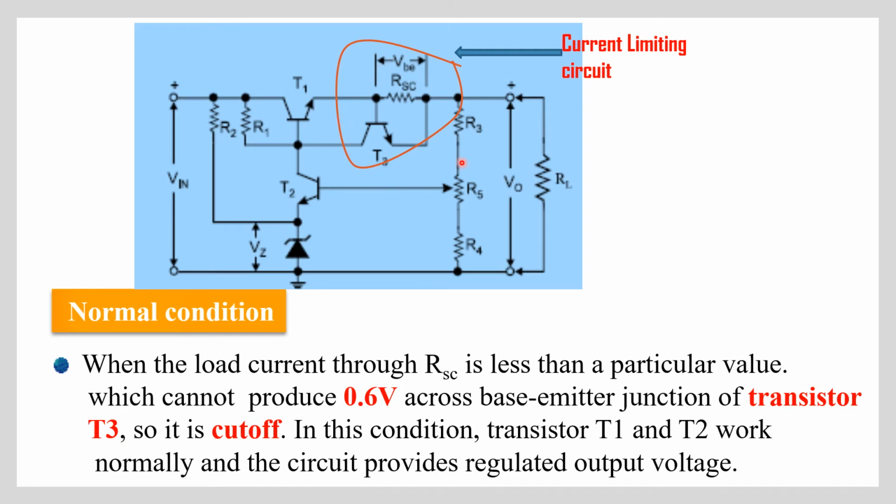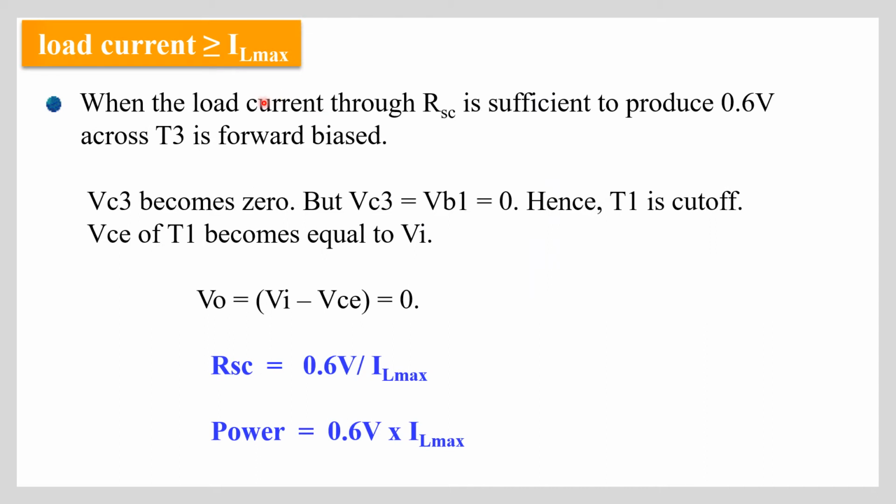This will become active only when the base voltage is more than 0.6 volt. Clear? Right now in normal condition, transistor T3 will be in cutoff. It will not be there in the picture. Now, when the load current increases more than IL max, when the load current through RSC is sufficient to produce 0.6 volt across T3, the transistor T3 becomes forward biased.